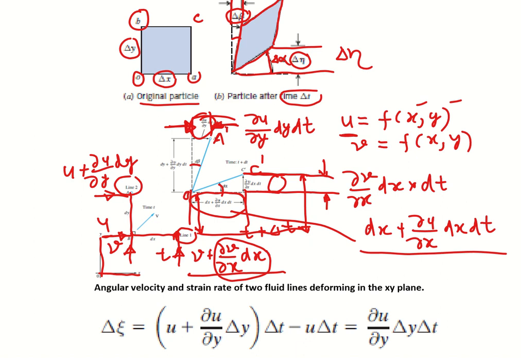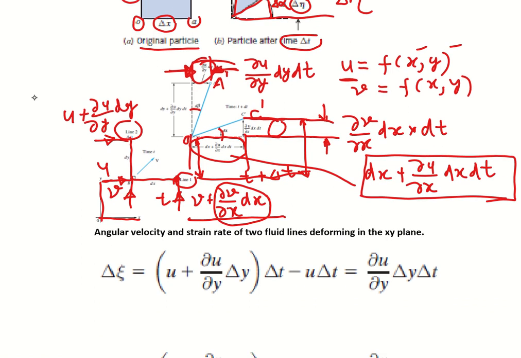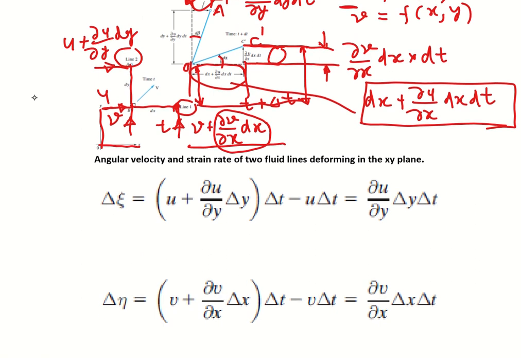This we have learned in the previous example also, so I am not explaining this. Because of this additional distance, we will get linear strain in x direction. But right now our focus is to understand the shear strain or rate of rotation.